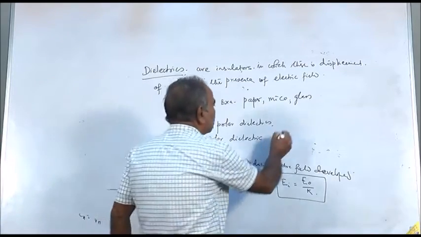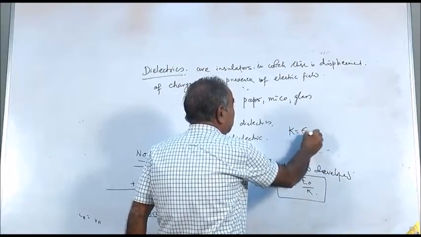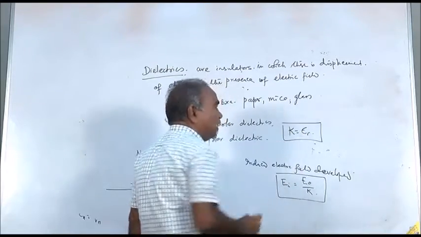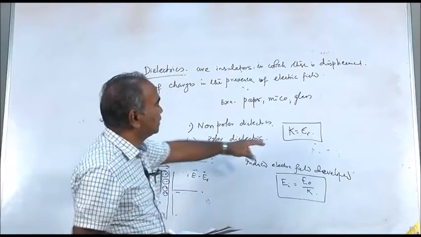Dielectric constant K is also equal to epsilon r. I have told you in the first class, relative permittivity is also equal to dielectric constant.